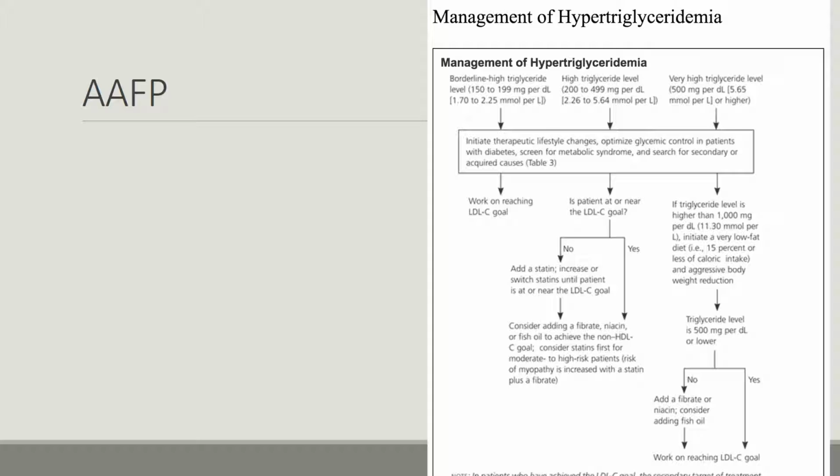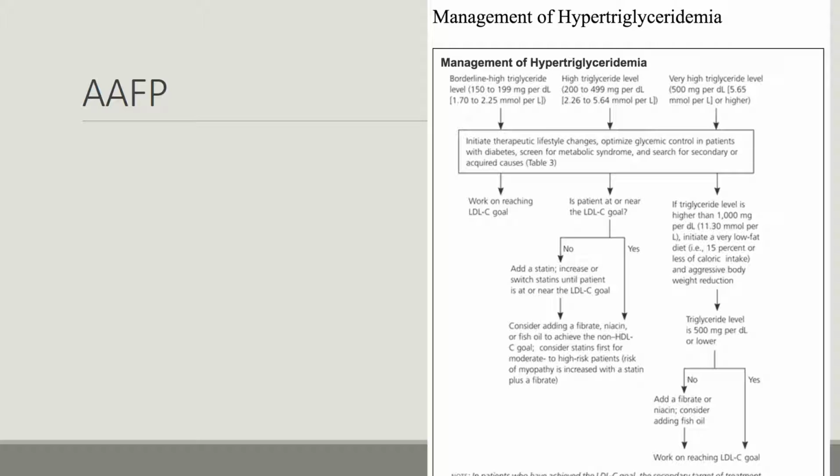This is the treatment algorithm for the management of hypertriglyceridemia through the American Academy of Family Physicians. There are a variety of bodies that release treatment algorithms for hypertriglyceridemia that may vary slightly. This one focuses mostly on lifestyle changes for people with borderline high triglycerides.